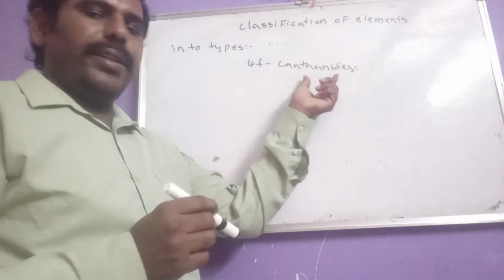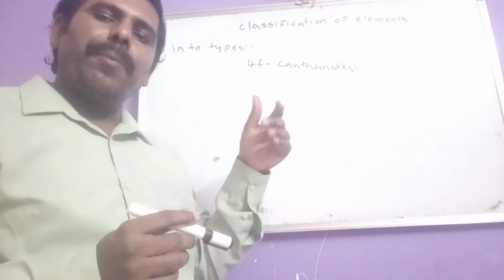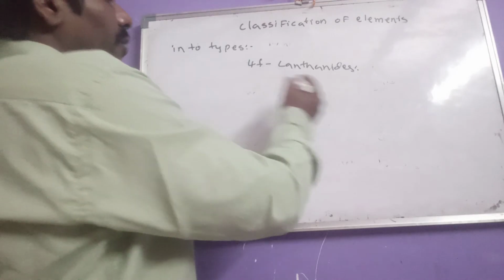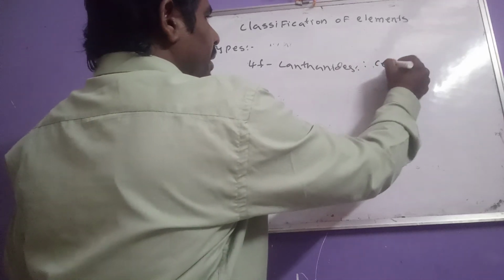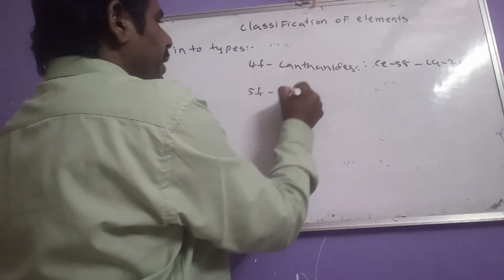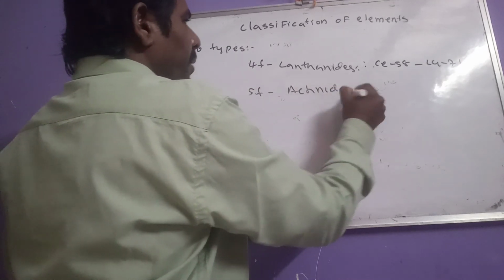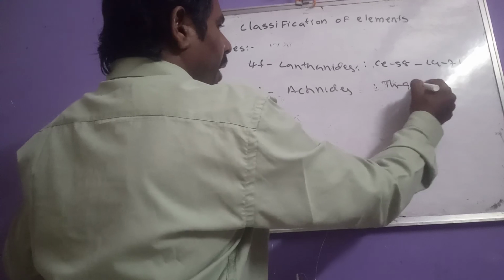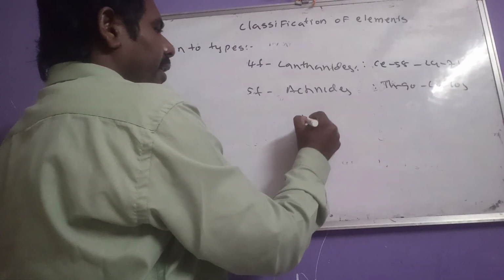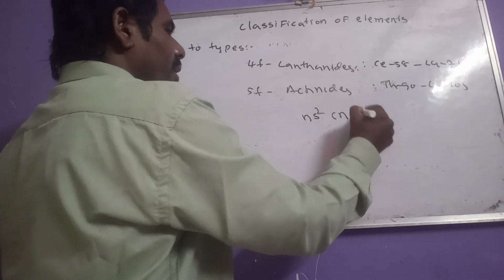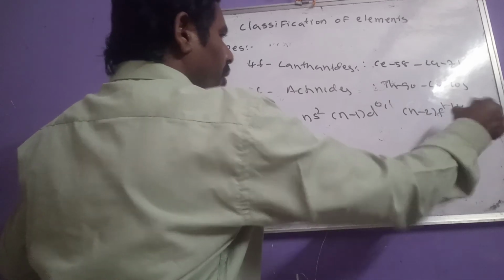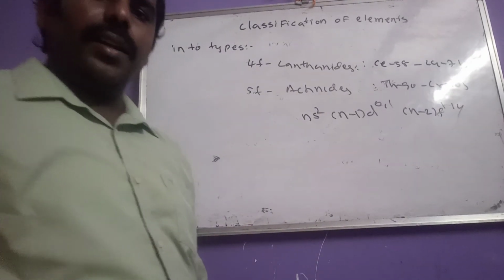That means these lanthanides are an inner part of transition elements, so these are called inner transition elements. 4f series lanthanides means cerium 58 to lutetium 71. 5f series actinoids means thorium 90 to lawrencium 103. The general electronic configuration here is ns2, (n-1)d0,1, (n-2)f1 to 14. This is the general configuration.